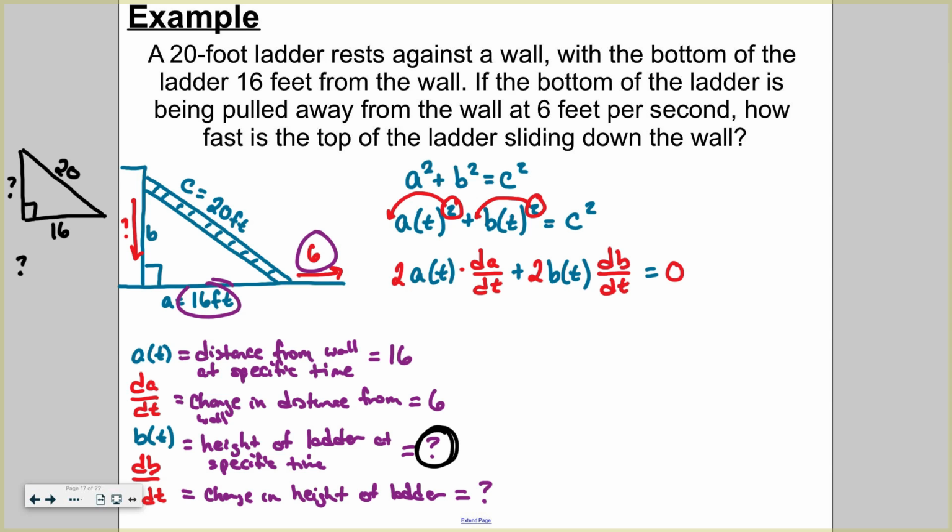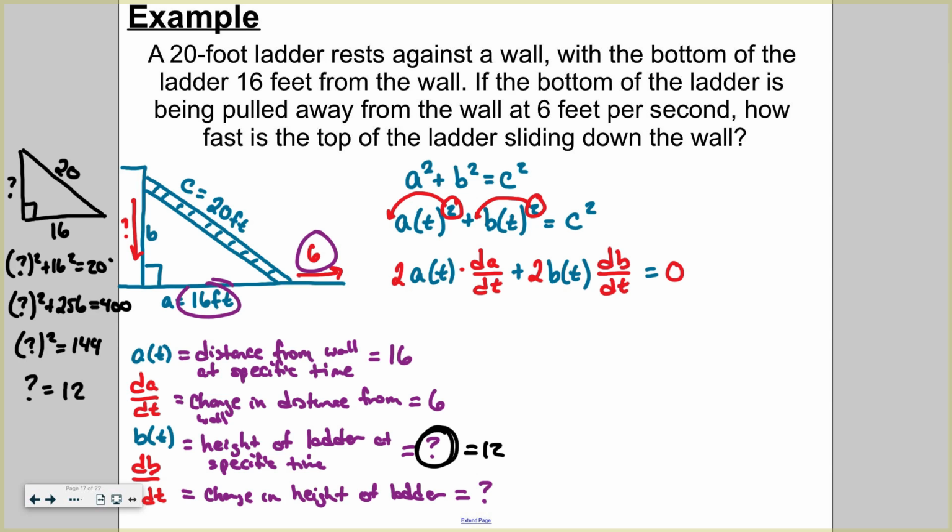So we can do question mark squared plus 16 squared equals 20 squared. 16 squared is 256, so question mark squared plus 256 equals 400. Then we subtract 256 from both sides and get question mark squared equals 144. Take the square root of both sides, therefore the question mark is equal to a positive 12.